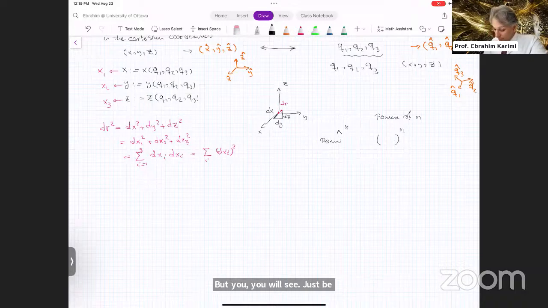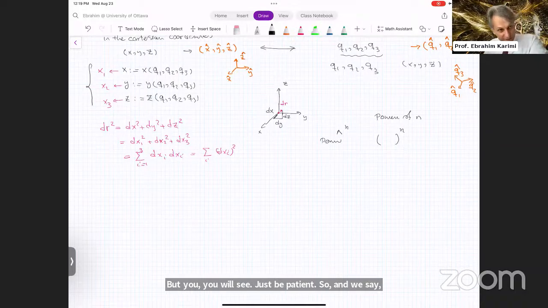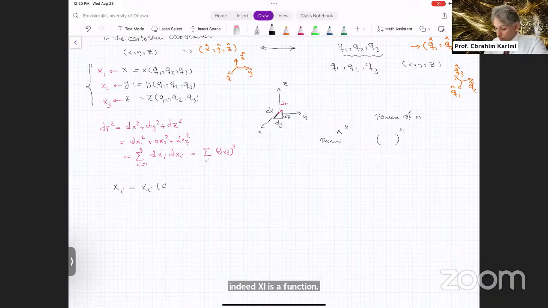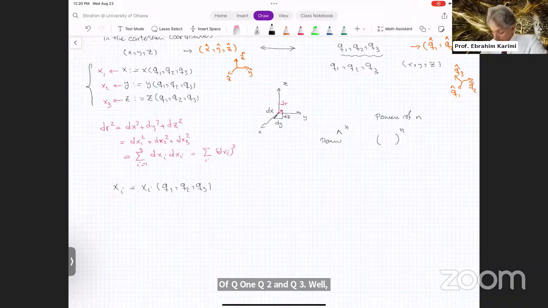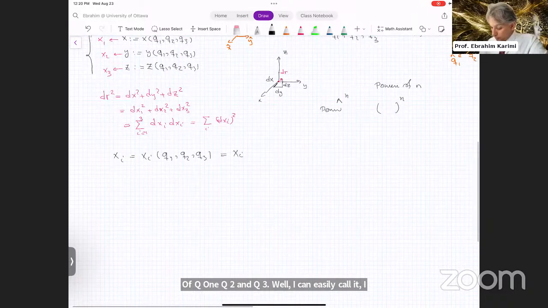Now, any of those x1, x2, and x3, if I take the derivative, so indeed, xi is a function of q1, q2, and q3. I can call the index qj.